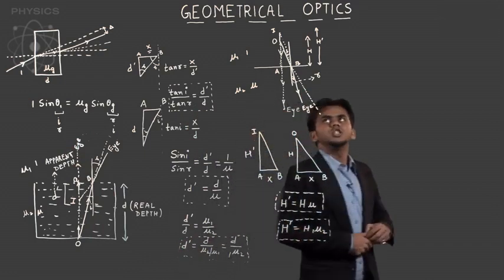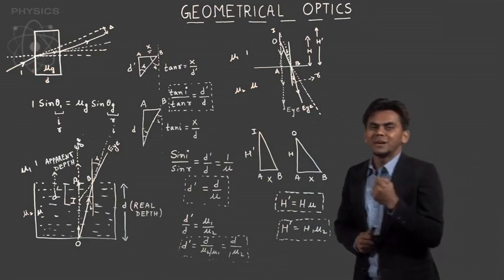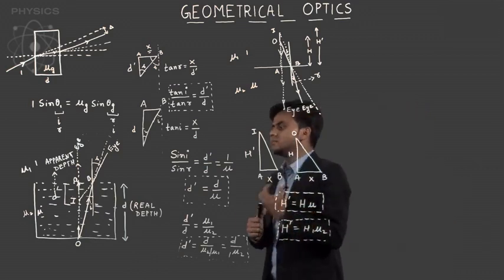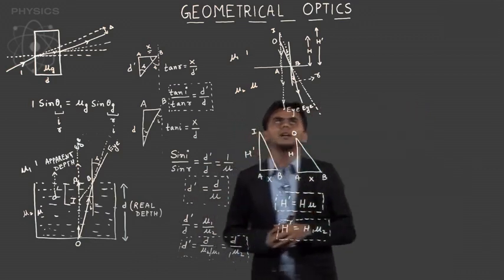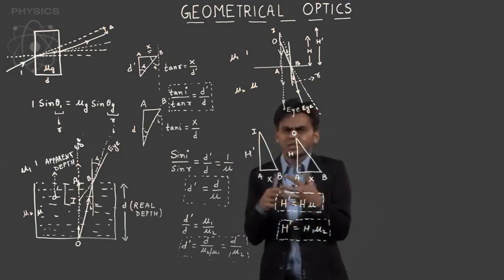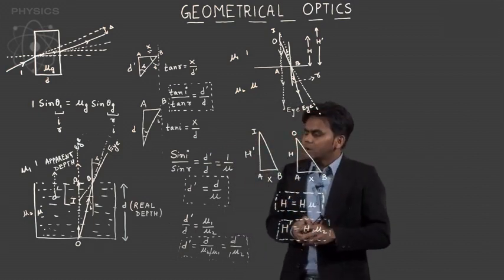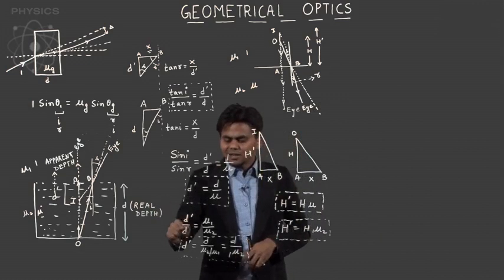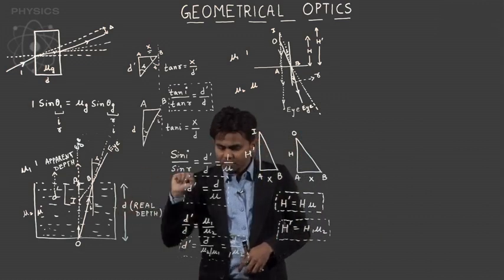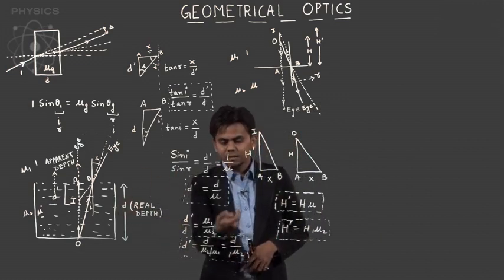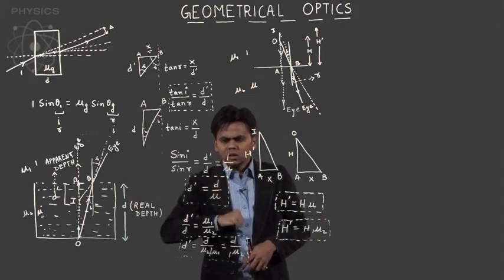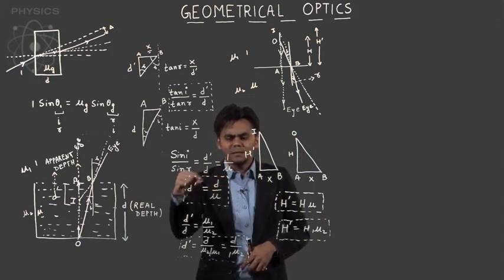Now this shifts my image, or rather it shifts the depth and height. And how much is the shift actually happening? Earlier it was at D and now it is at D by mu. So shift is D minus D by mu.